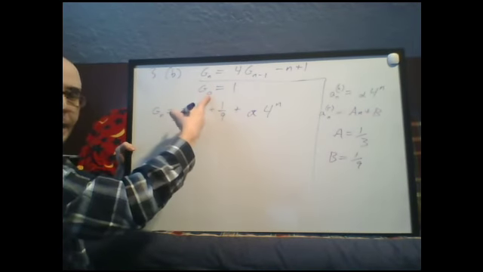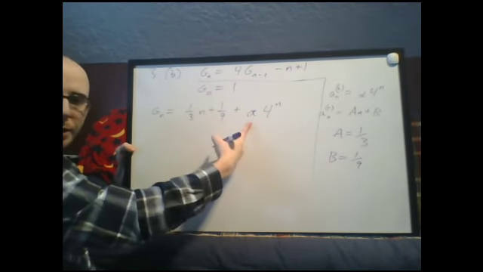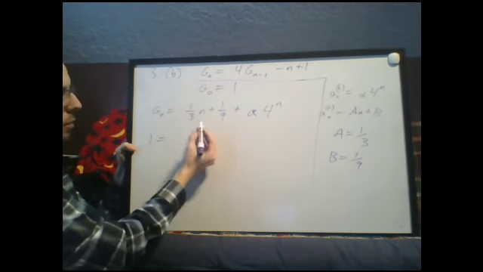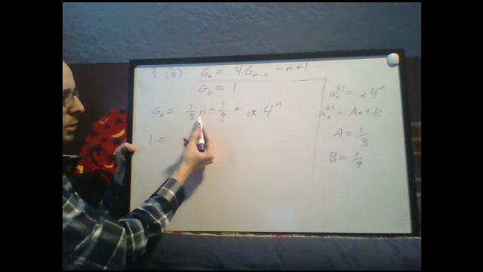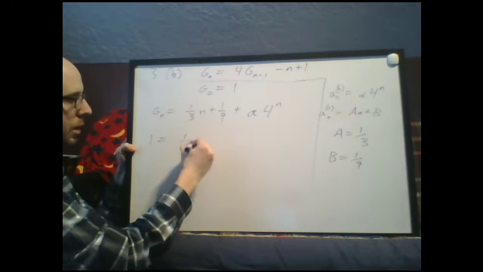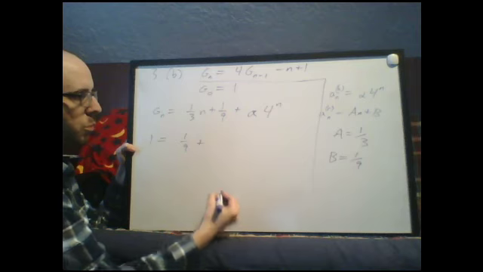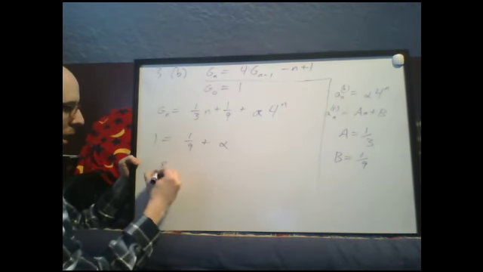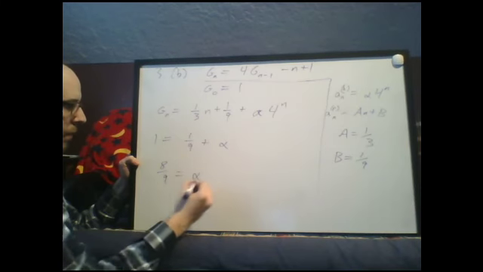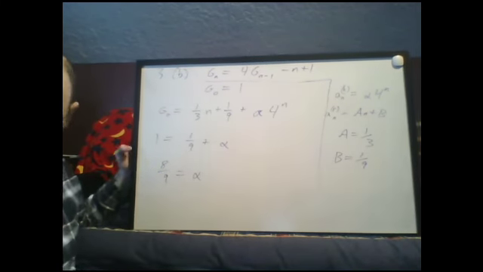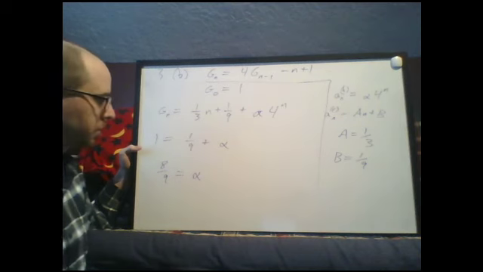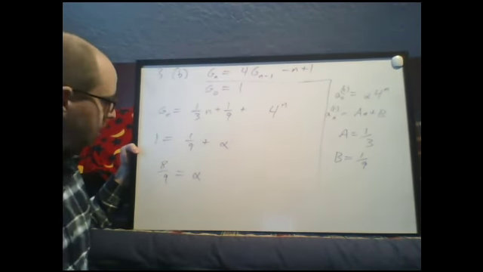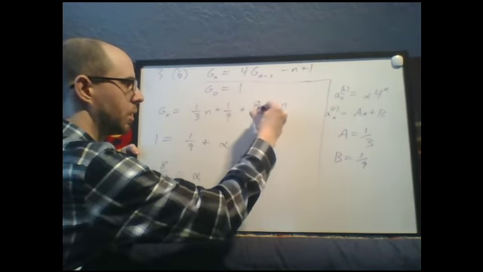So that's just plugging in n equals 0 and solving for our unknown alpha. So G of 0 is supposed to be 1. If I plug in n equals 0, 1/3 times 0 is 0, I get 1/9. 4 to the 0 is 1. So alpha is going to be 8/9. So our final answer then is this sequence.